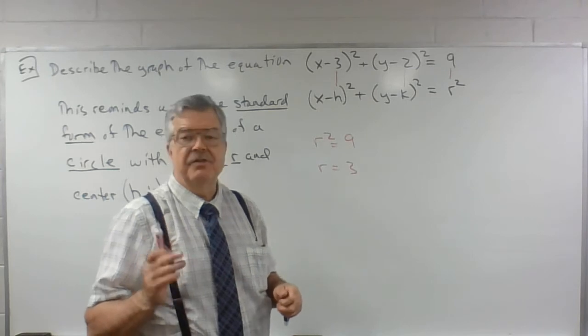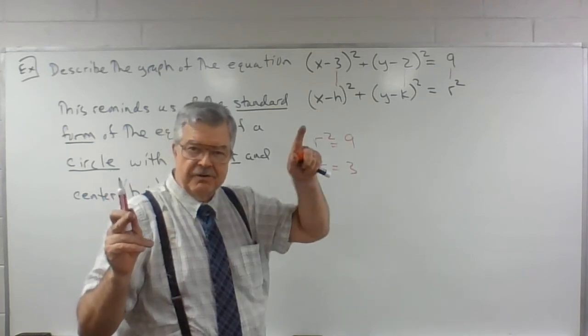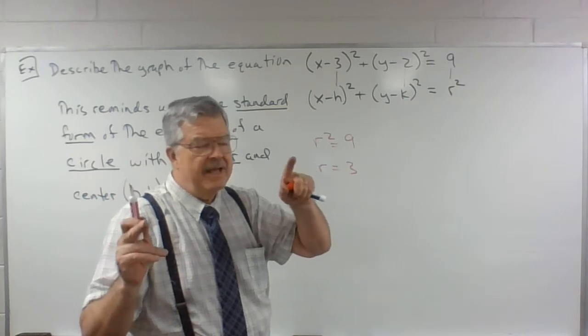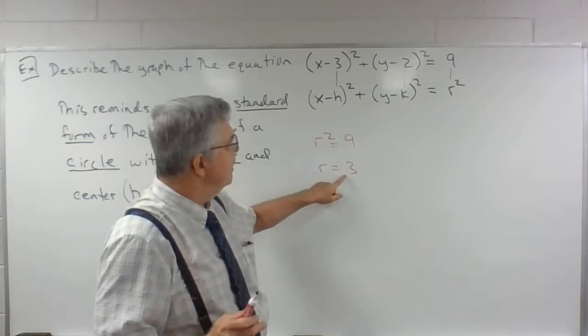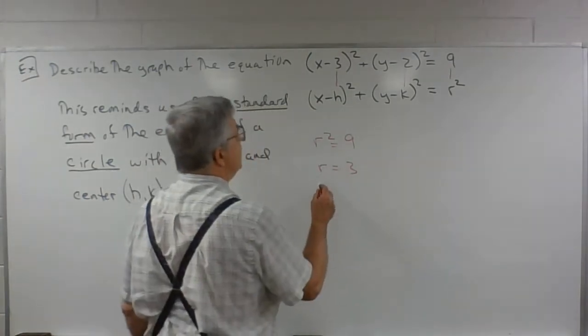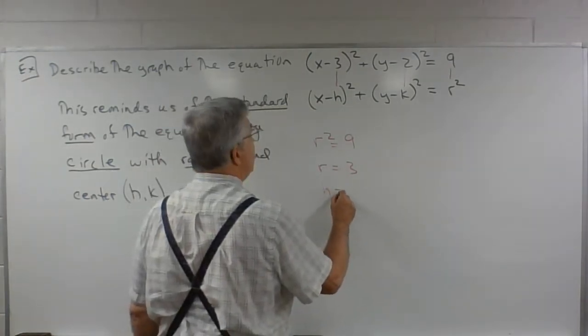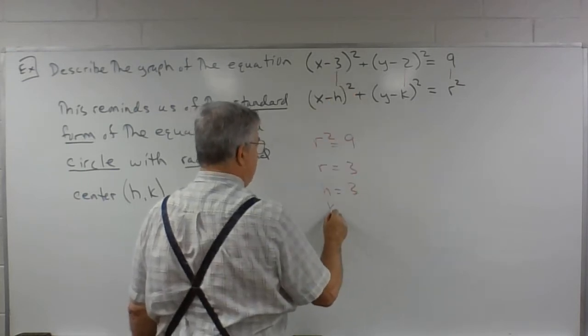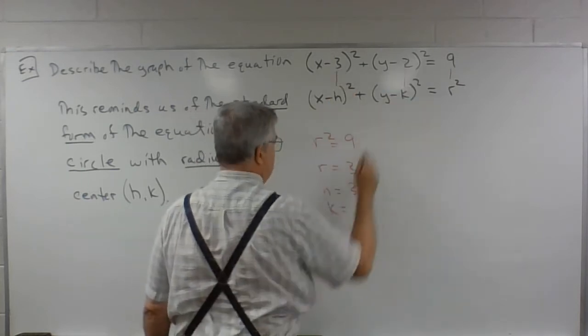The radius is the distance from the center to the circumference of the circle. A distance can't be negative. So r is always going to be positive. r is 3. h is 3. k is 2.